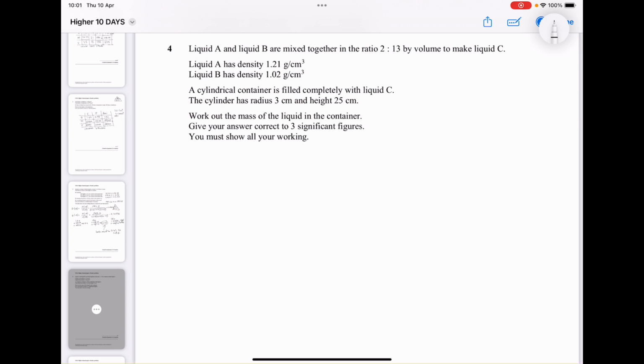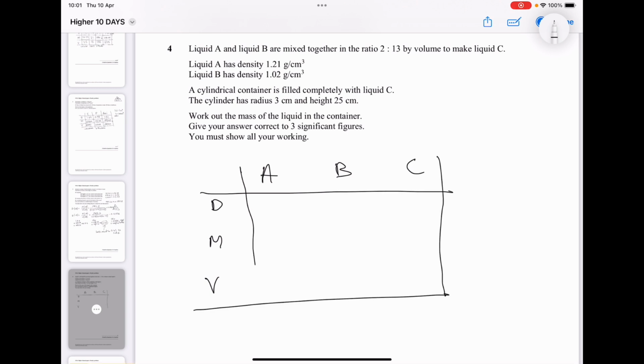Okay, we've got a bit of work here. So how did we do it before? We've got liquid A, we've got B, and we're making liquid C. Same as before, we've got a density, we've got a mass, and we've got a volume. This table's serving me well.